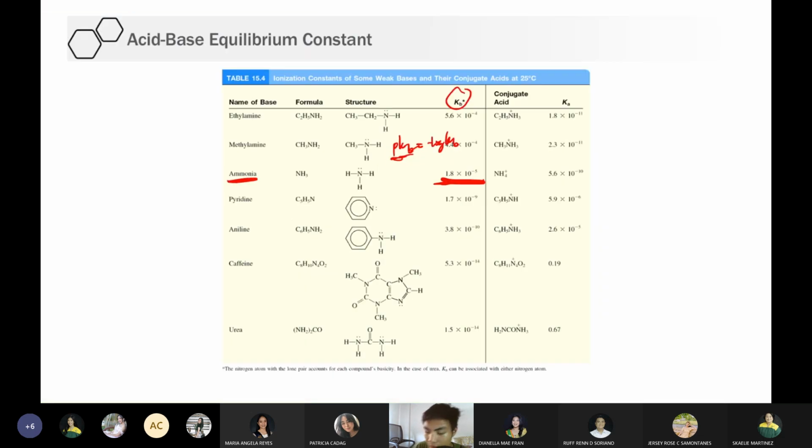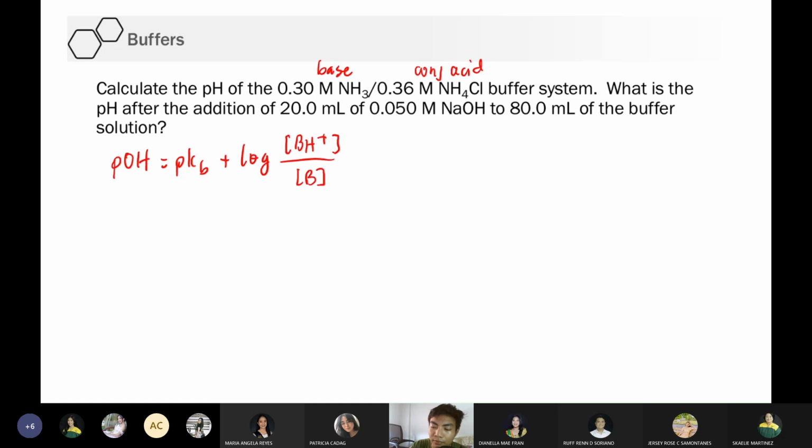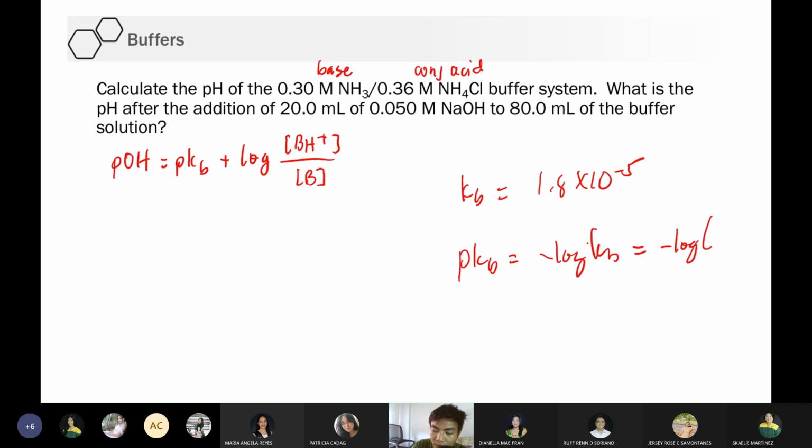Punta na tayo dun sa slide natin. So again, Kb is 1.8 times 10 raised to negative 5. Kung gusto nyo kunin yung pKb, that's the negative log of Kb. Negative log of 1.8 times 10 raised to negative 5.